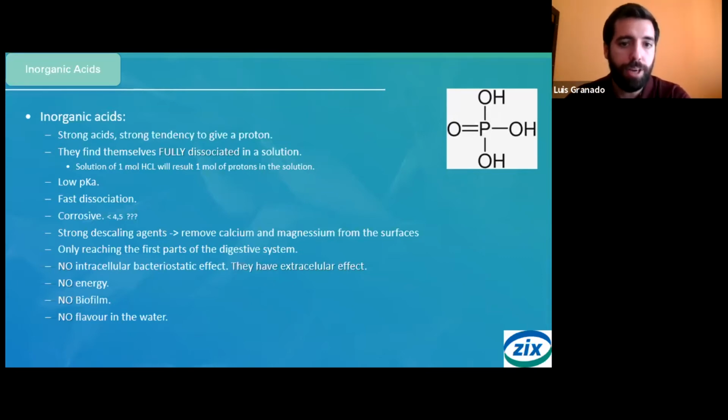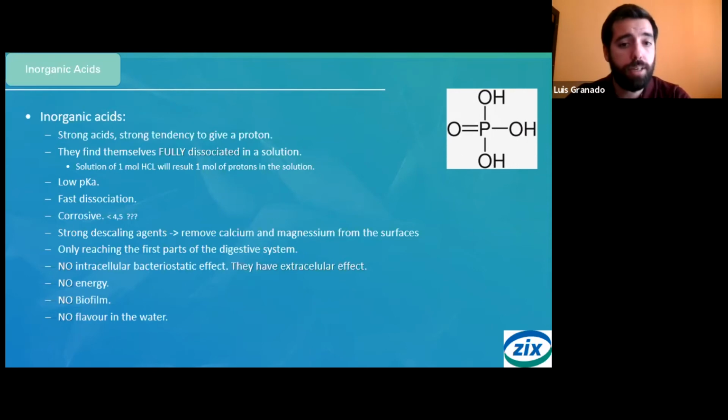They only get to the first parts of the digestive system, they release all the hydrogen at once, and they cannot reach the further parts of the system. They have a bacteriostatic effect outside of the cell. The acidic environment is just not very suitable for certain bacteria to proliferate, but that is the only effect against the bacteria, especially if we compare it with the organic acids that also have intracellular effect, but we will see that later on.